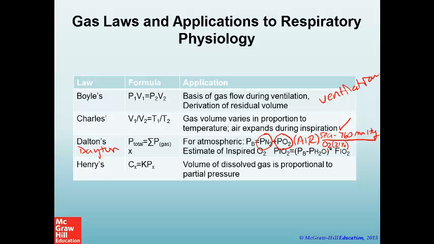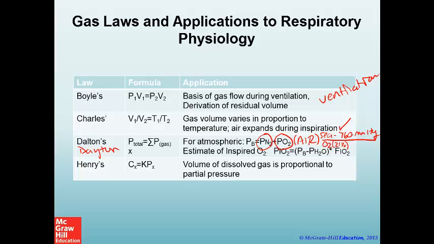So it should contribute 21% of the pressure to the overall gas. So you can relate concentration and pressure. They're equivalent. And that's going to be very important when we talk about gases, because we're going to talk about partial pressures. We're going to talk about the pressure of a gas in a total mixture, the partial pressure.